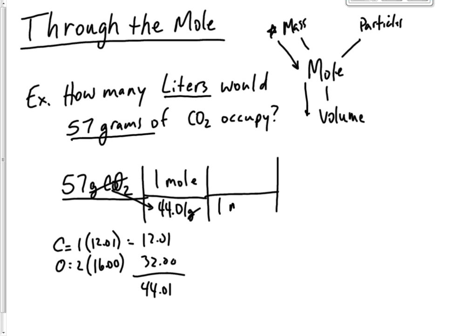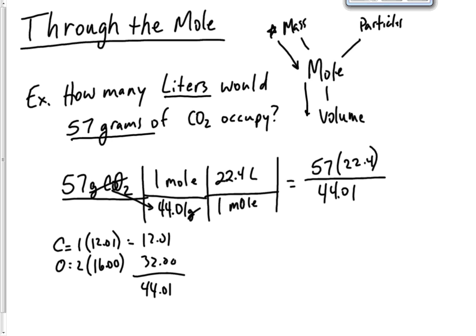So again, 1 mole. The number next to mole is always 1, unless you're given a certain amount of moles. And then the conversion factor for liters is 22.4 liters. Nothing changes mathematically. We multiply across the top, so 57 times 22.4 divided by 44.01, and we get 29.01 liters.